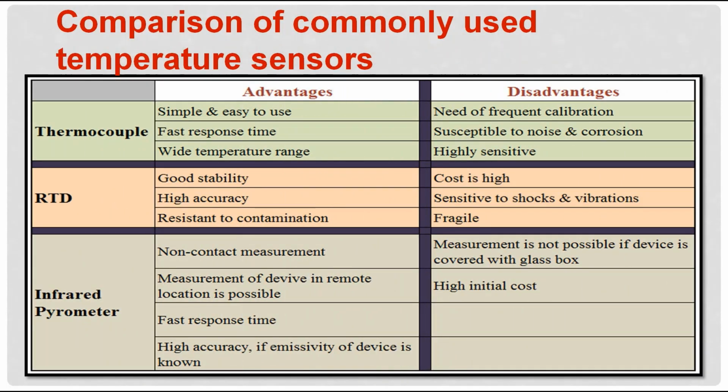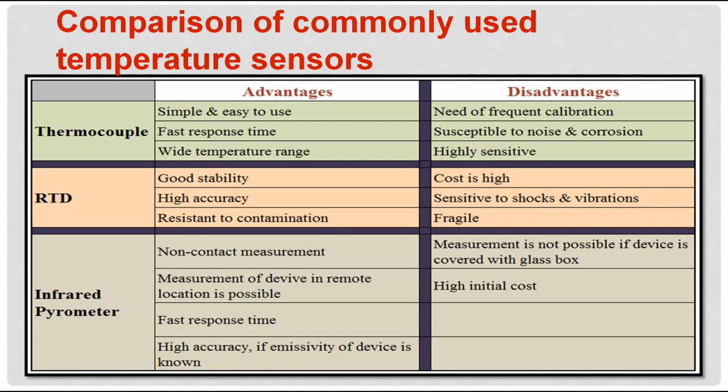Now let us make a comparison of commonly used temperature sensors. If we talk about thermocouple, it has advantages of simple and easy to use. Of course, it has fast response time with wide temperature range. But the disadvantages are it needs frequent calibration and it's susceptible to noise and corrosion, so it is highly sensitive.